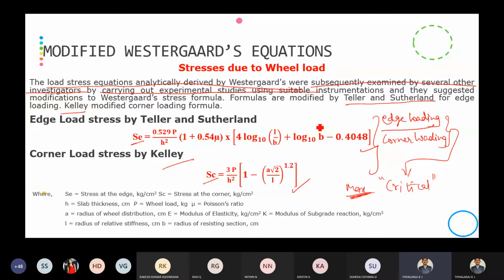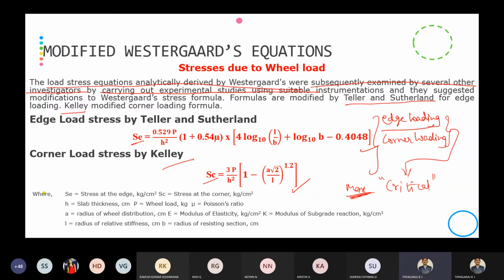Remember, three investigators modified the Westergaard equation by conducting field studies. One is edge stress by Teller and Sutherland. Another is corner stress by Kelly. These are the modified equations developed to determine the wheel load stresses, the stresses because of the applied wheel load.